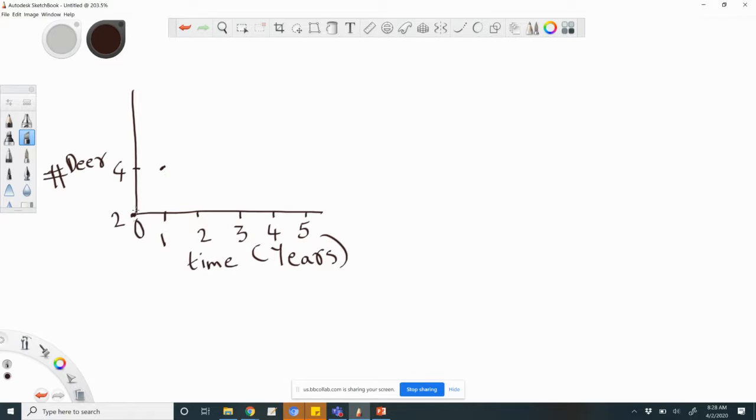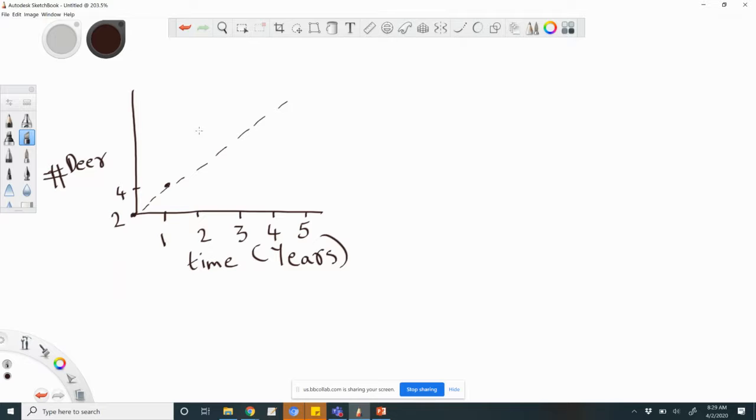How would that increase? Would that just keep going this way? Is that how the number of deer might look? Are you asking if there was a lot of grass and no predators?